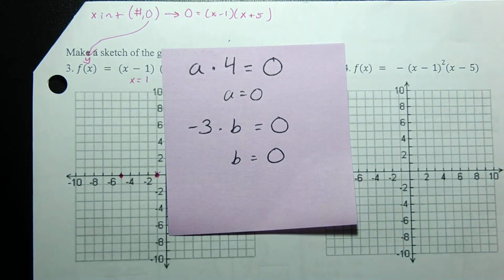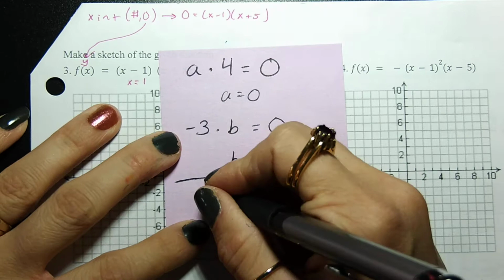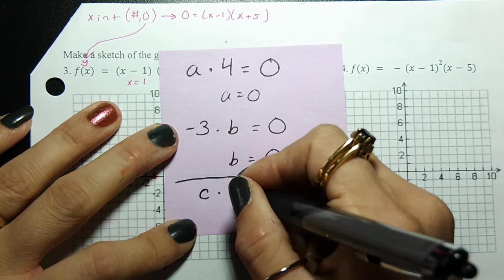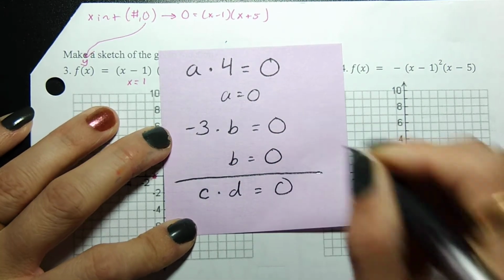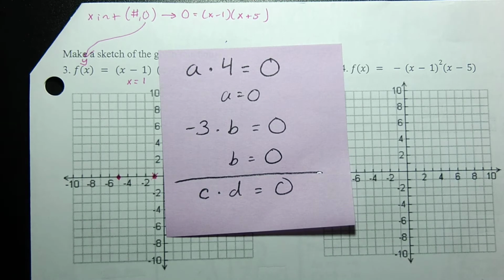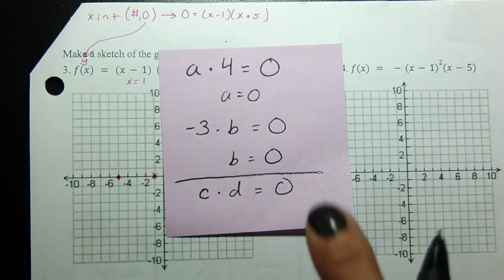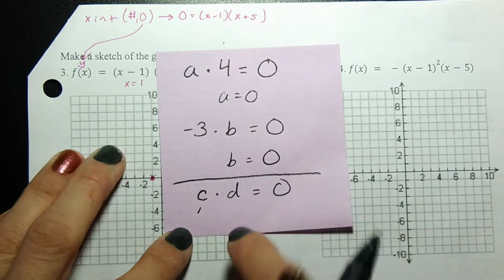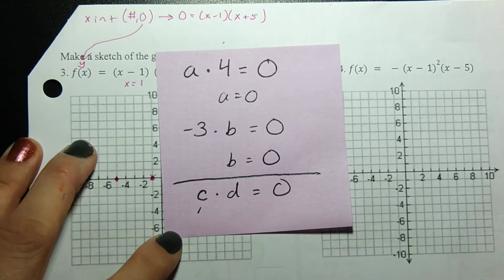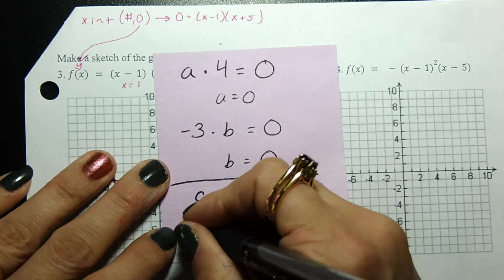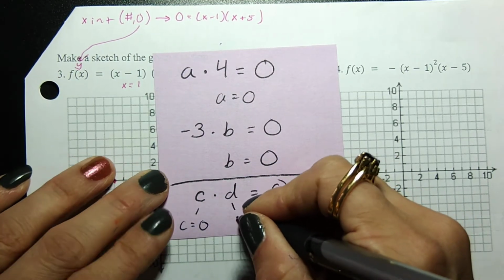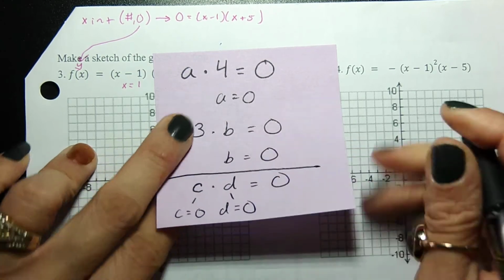So then what if I have c times d equals 0? What do we know about c or d? One of them has to be equal to 0. So the only way for me to get a product of 0 is if one of the factors or one of the multipliers is equal to 0. So either this one is 0 or this one is 0.